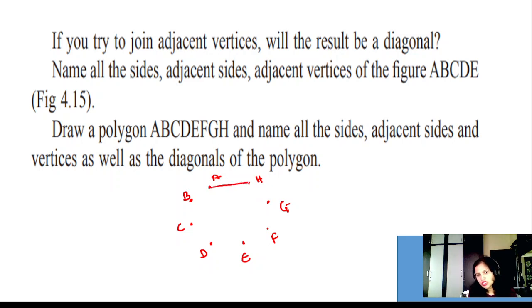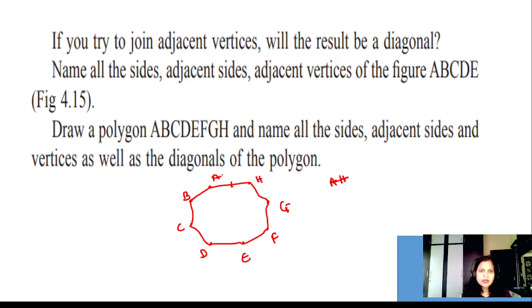Joining two adjacent vertices makes the side of the polygon. Like this I draw. It should become closed with the help of the line segments. These line segments are called the sides of the polygon. Now I have to name all the sides here. AH, HG.